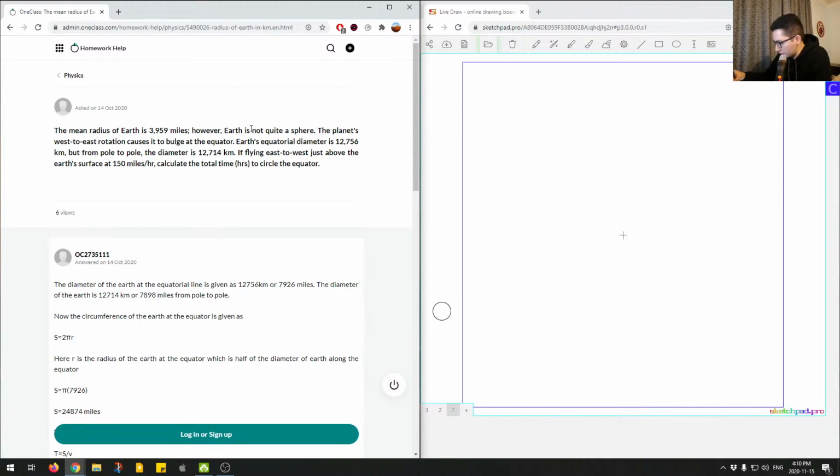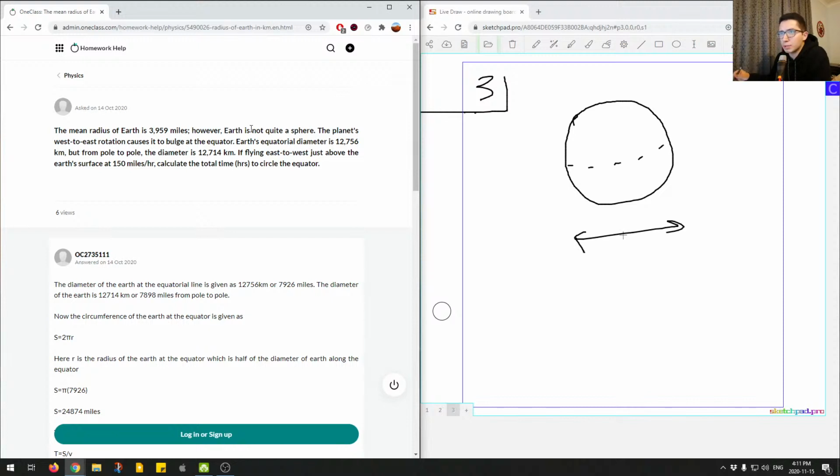So if we think of the Earth, I'll mark this as question number 3. Okay, so it's not a perfect circle. Let's say this was the equator. So the radius this way, or the diameter, I believe. The planet's west to east rotation causes it to bulge out at the equator.